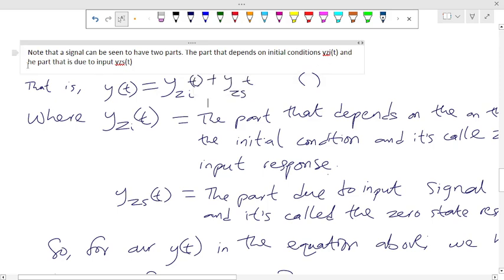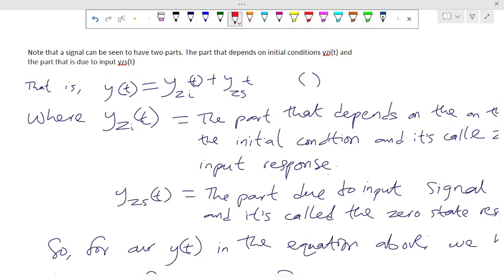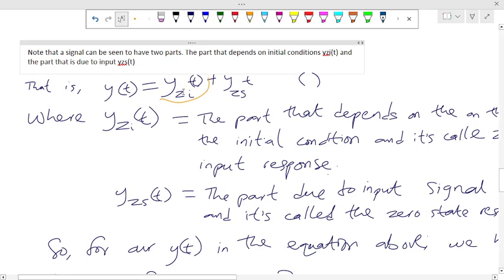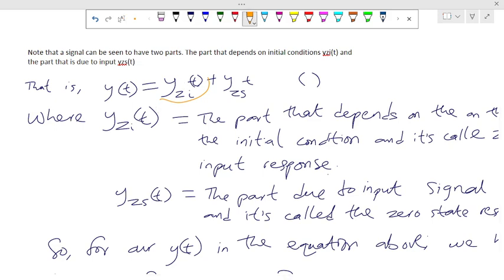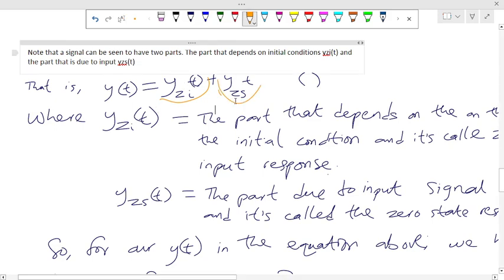And the other part is due to input. The main difference is that the first part does not depend on input. It exists without the input, before input. Then the other part is due to the input signal, after receiving it.